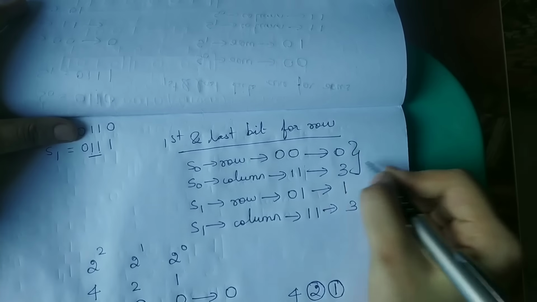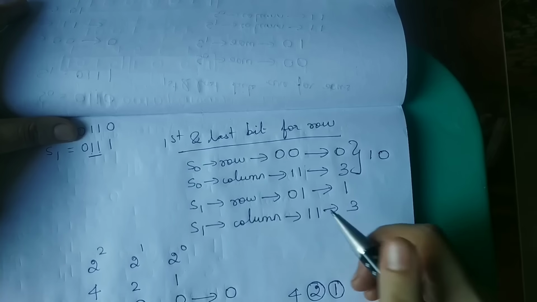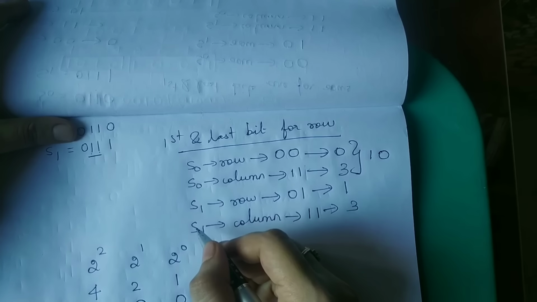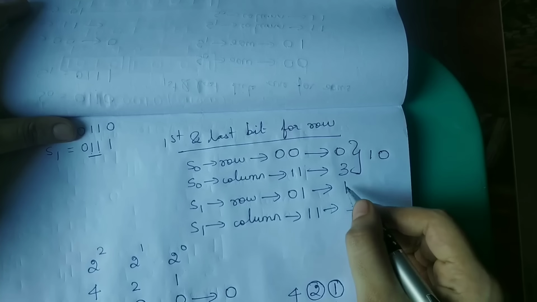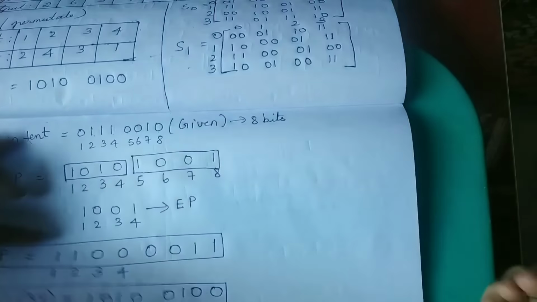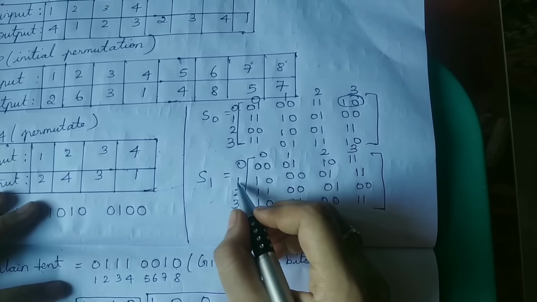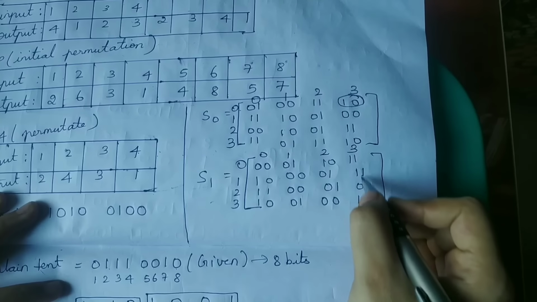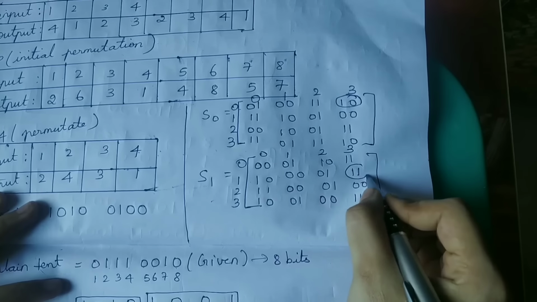So 1, 0 will be the answer for S0. Next for S1, I should look at the S1 matrix. First row, 3rd column. So here, this is the first row, and the 3rd column is this. So first row, 3rd column means this value, 1, 1. So for S1 it is 1, 1.